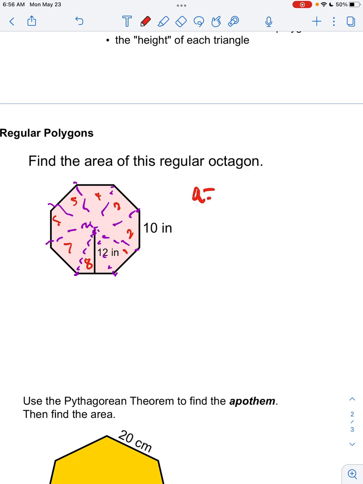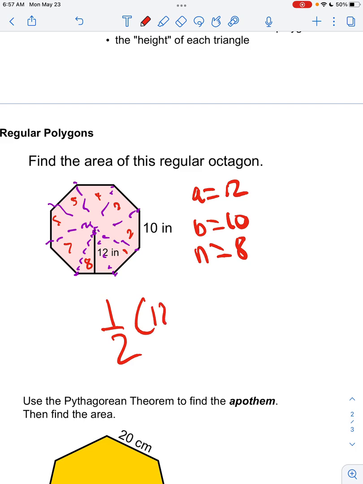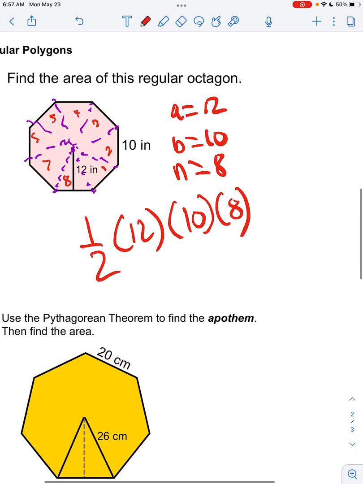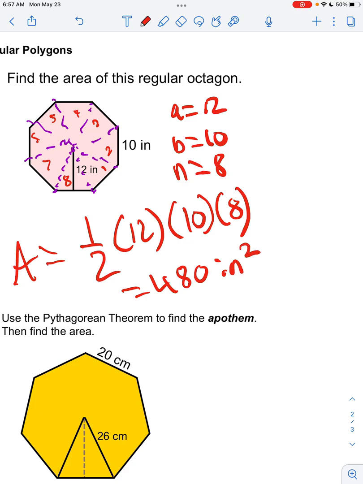I have an apothem of 12, base of 10, and side lengths of... 1/2 times the apothem times my base times the number of sides. 6 times 10 times 8. 480 inches squared.